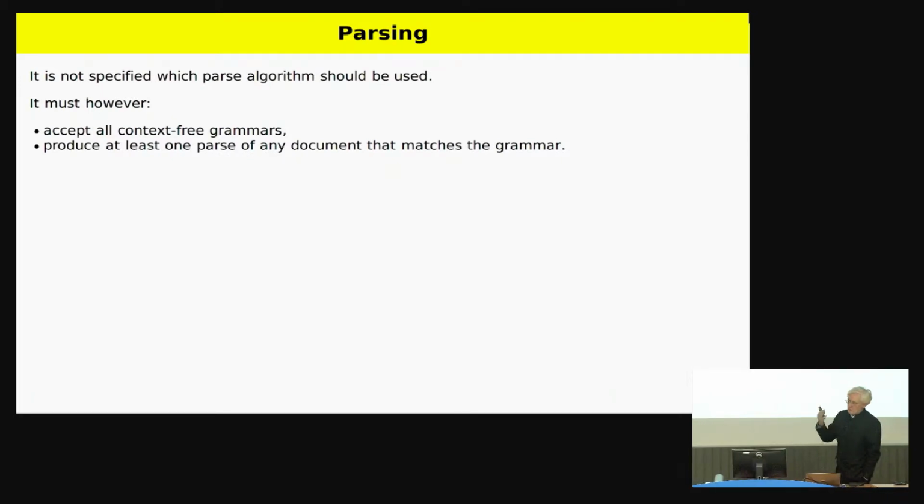So now just to talk about the process. We don't specify which parse algorithm is to be used, but we do put constraints on the parsing algorithm that's used. It must be able to accept all context-free grammars, so there's no limitations like LL1 or LR1 or whatever. And it must be able to produce at least one parse of any document that matches the grammar.